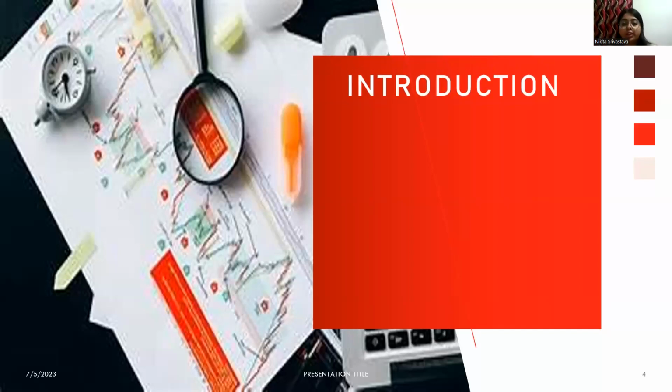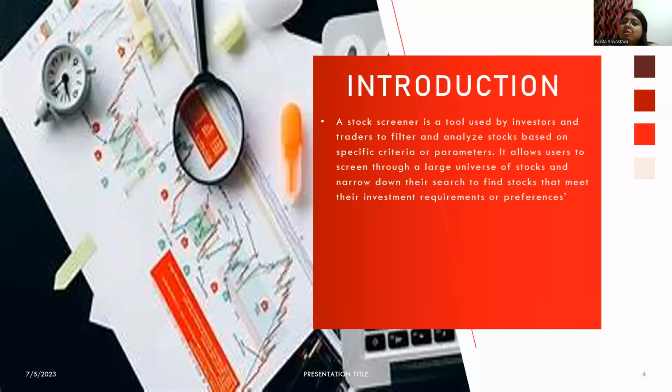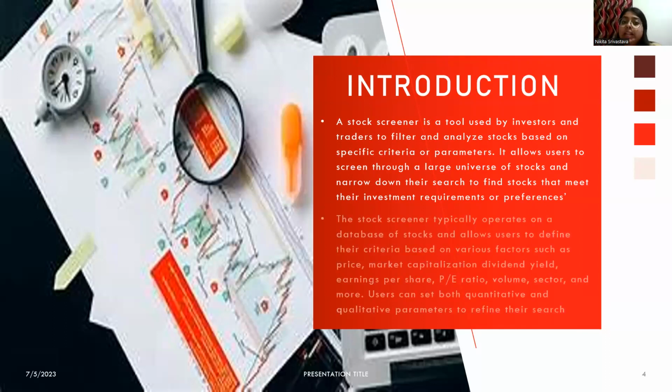So coming towards the introduction, what is basically a stock screener? A stock screener is a tool used by investors and traders to filter and analyze stocks based on specific criteria or parameters. It allows the users to screen through a large universe of stocks and narrow down their search to find stocks that meet their investment requirements or preferences.